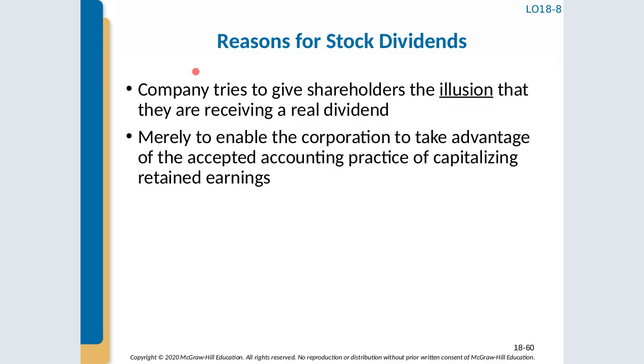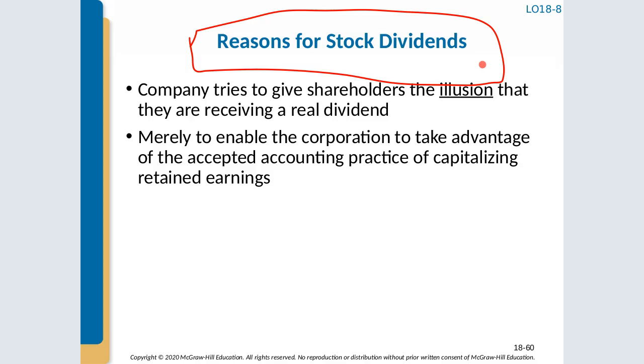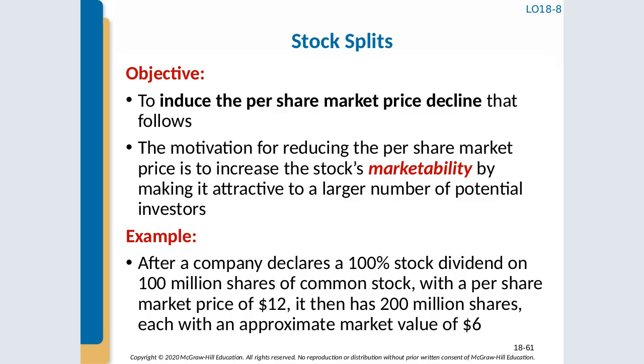So a stock dividend is pretty much giving the shareholders the illusion that they're receiving a real dividend, but not really. They're just getting additional shares, but they maintain the same ownership percentage. And as we mentioned before, we may also have a stock split. One of its objectives could be to decrease market price.